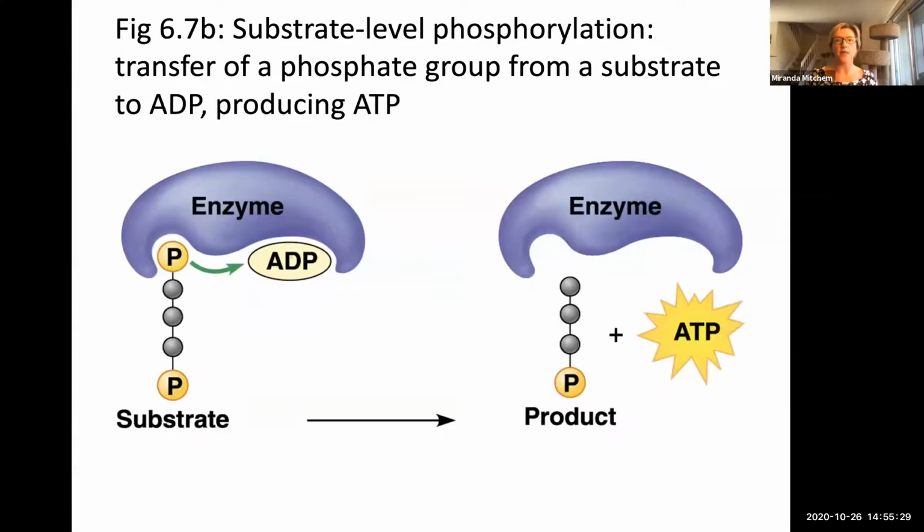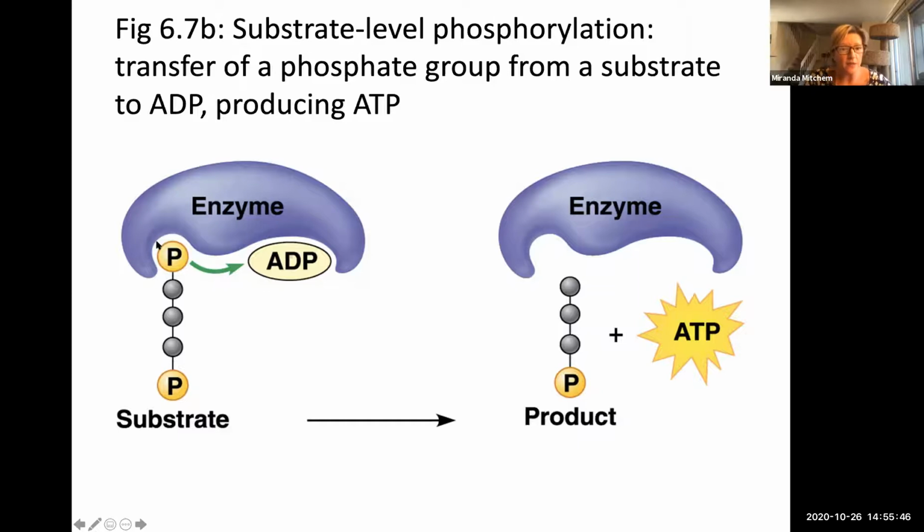So let's take a look at that substrate level phosphorylation again. So we have a molecule of adenine diphosphate, and then we have the substrate, right? The substrate binds into the active site of the enzyme here.